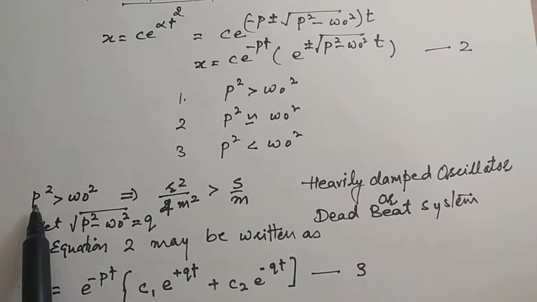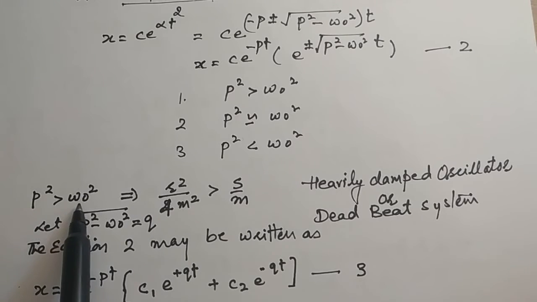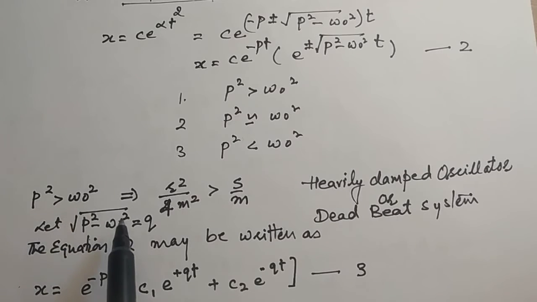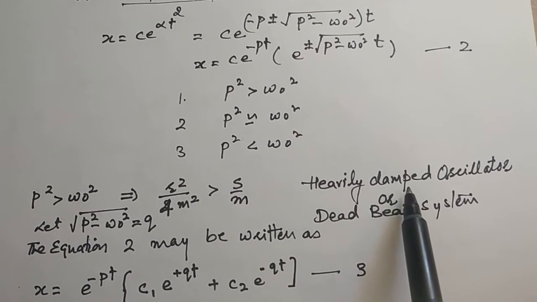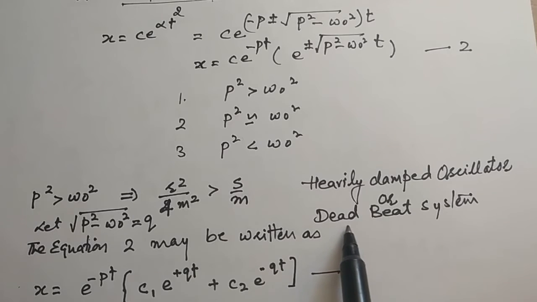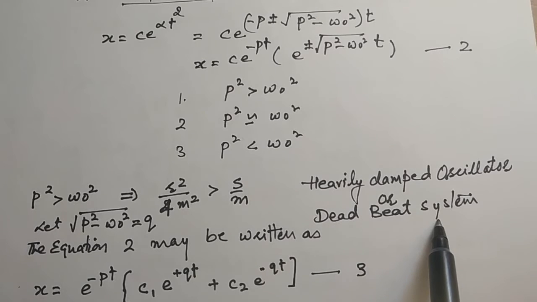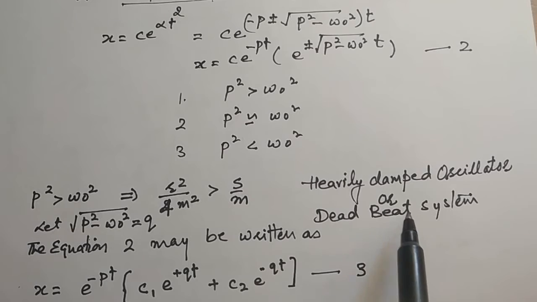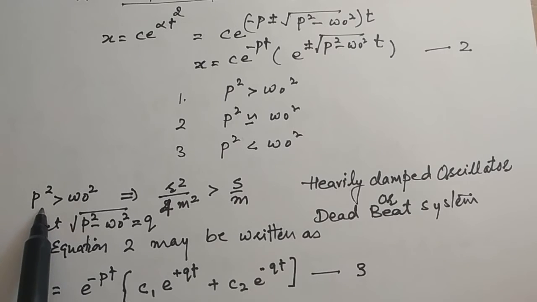It means the damping factor is quite large compared to omega naught, that is the natural frequency square. So it is called a heavily damped oscillator, or such a system is also called a deadbeat system, where p square or the damping factor is very high.